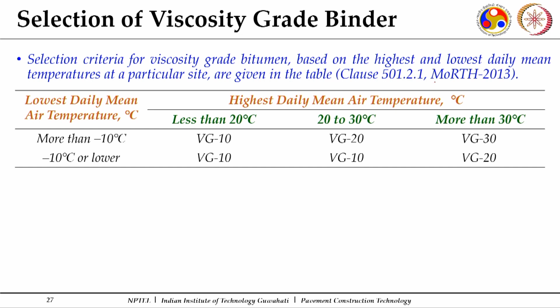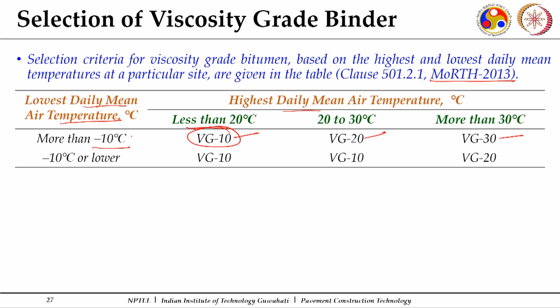Now, this is one table where MORTH says where you should use VG10, where you should use VG20, where one can use VG30. It says that if the lowest daily mean air temperature is more than 0.10 degree centigrade, and the highest daily mean temperature is less than 20, there you can go for VG10 binder.